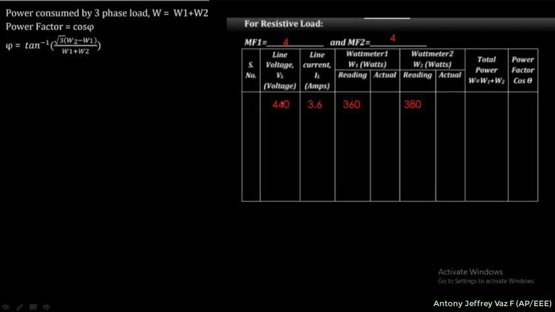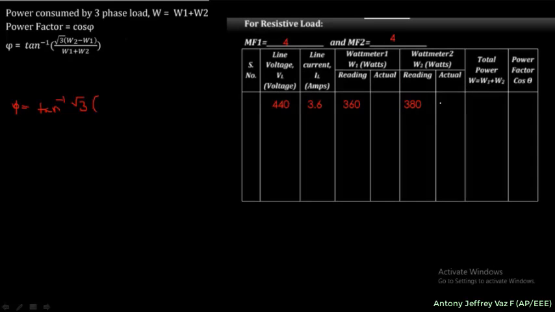Here you see the line voltage is 440 volts, current is 3.6, wattmeter 1 is 360 and wattmeter 2 is 380. To find the phi value, put tan inverse of root 3 into W2. Here W2 represents 380 into 4, which is 1520.